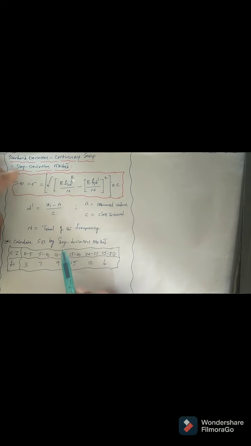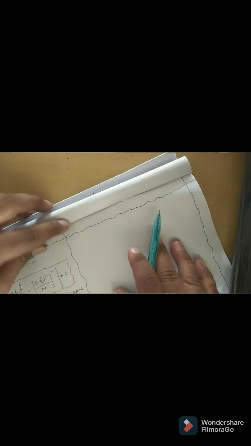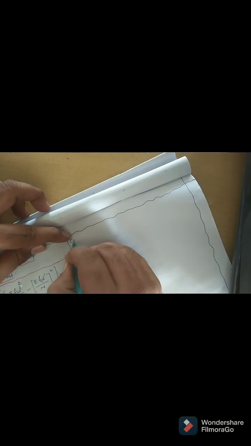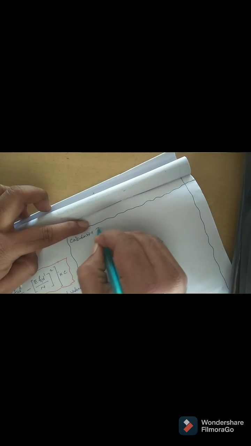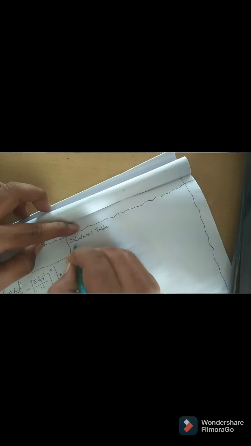With the same problem, we are going to calculate standard deviation by using which method? Step deviation method. And now we open up the calculation table. Before going for the calculation table, let us take A, that is the assumed value.